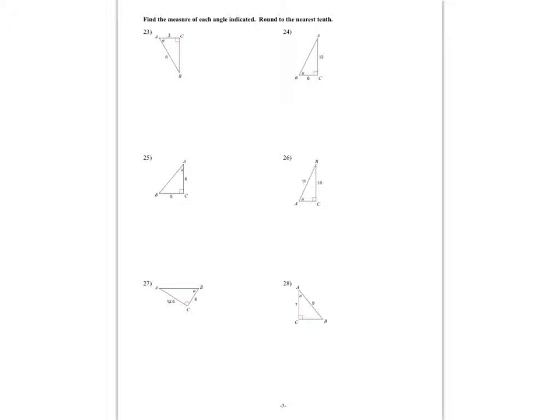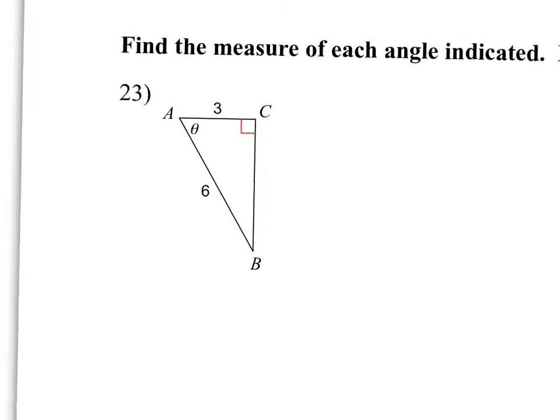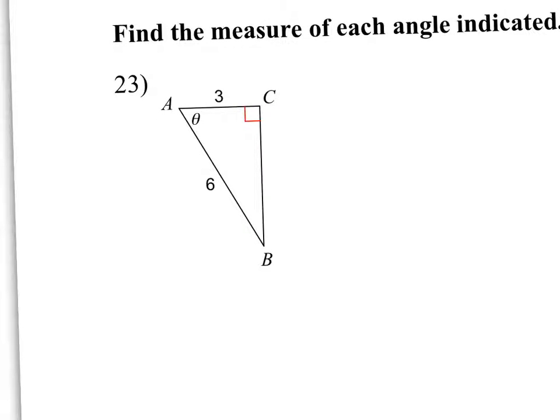Jumping onward to the last page of the first part, we're looking at solving for an angle. And looking at the first one, here we've got an angle here. I'm going to, again, label stuff, hypotenuse, opposite, and adjacent. And because I know adjacent and hypotenuse, I'm going to use cosine.